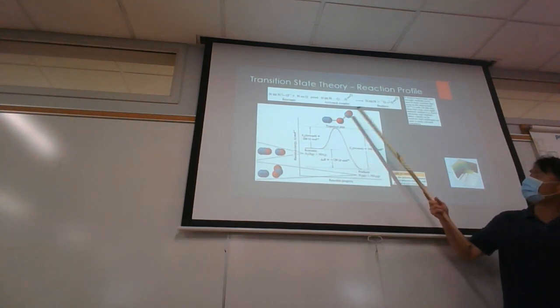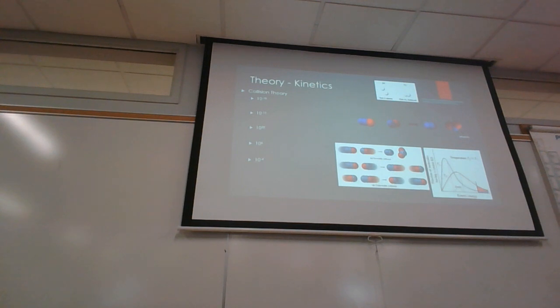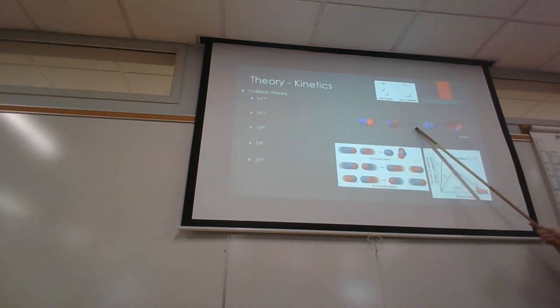When we have a typical reaction, we don't know if it's a simple process or a more complicated process. So when we're looking at this reaction, N2O plus NO goes to N2 plus NO2, we don't know if this reaction happens in one step. If it happens in one step, we call it a simple process.